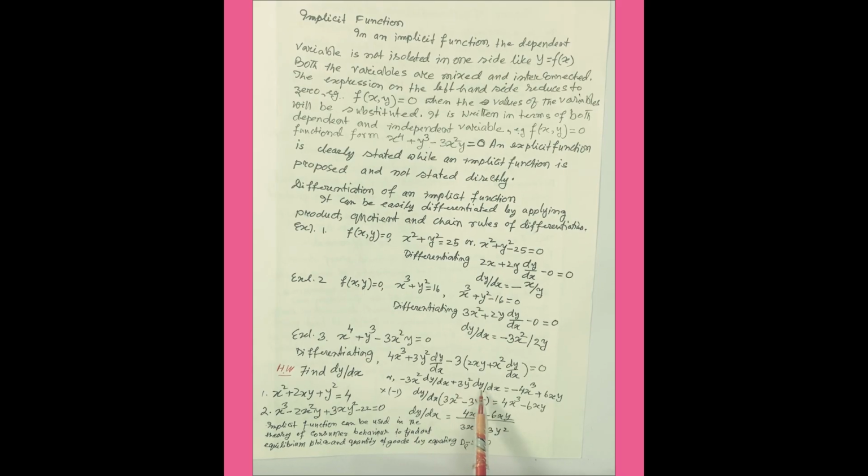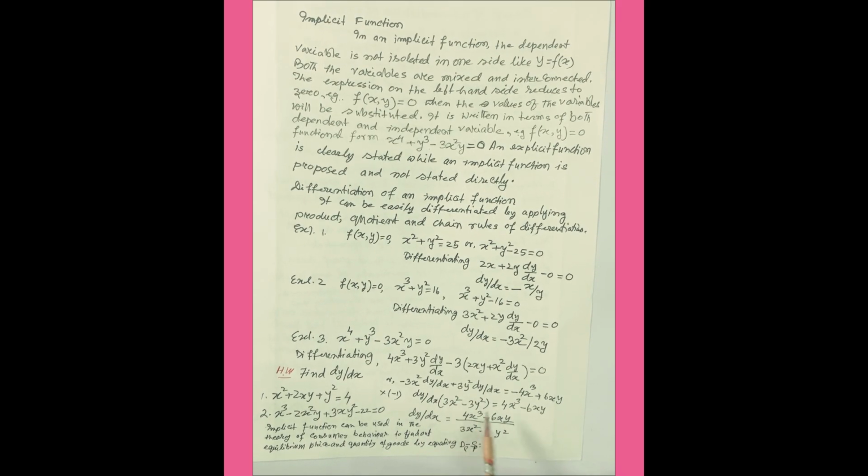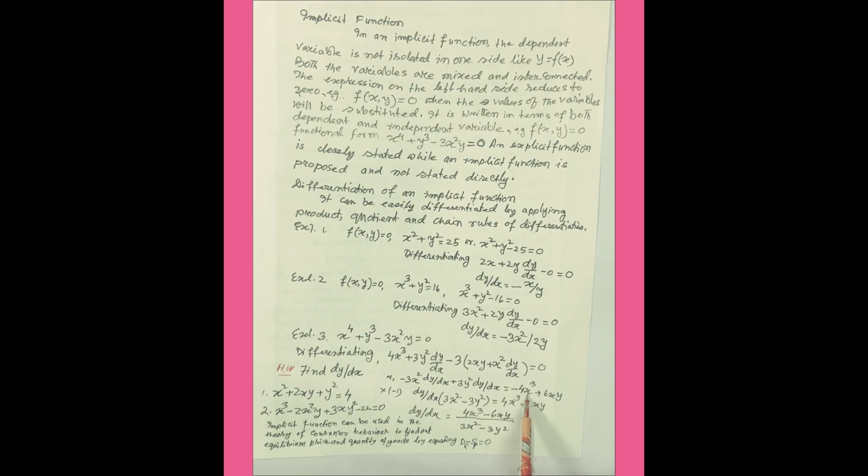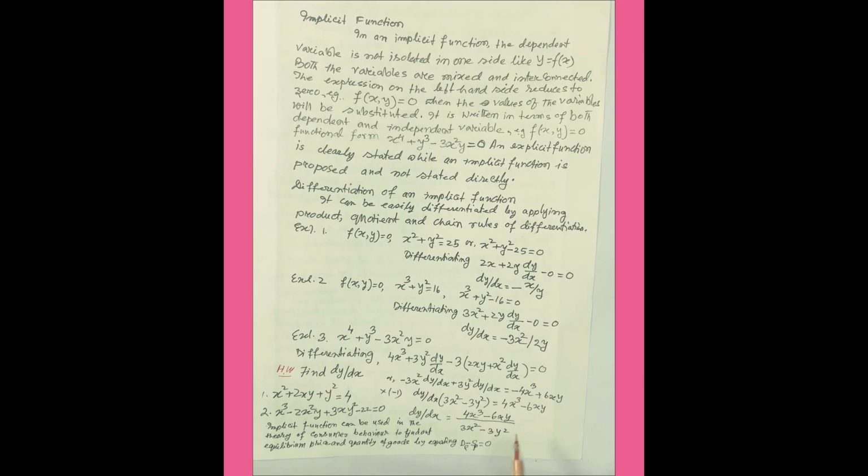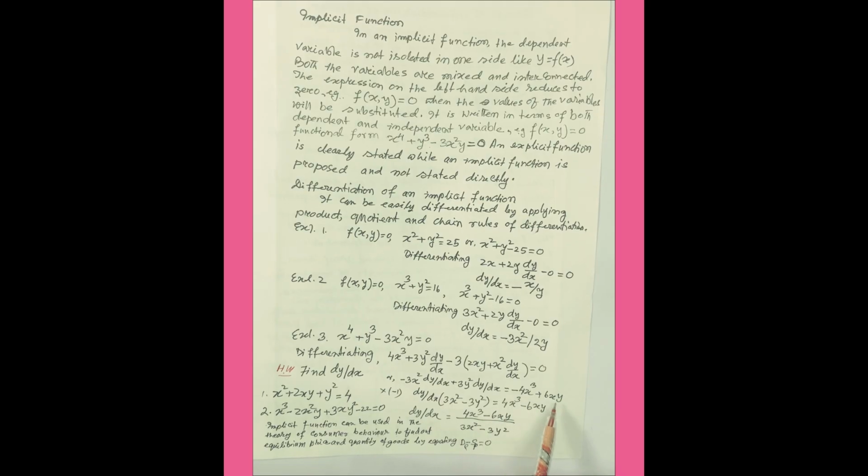Let us take the dy by dx terms to the left side, equal to minus 4x cube plus 6xy. If we multiply all terms by minus 1, then it will be like this: 3x square minus 3y square, and so on.